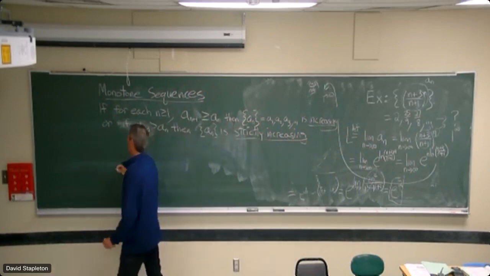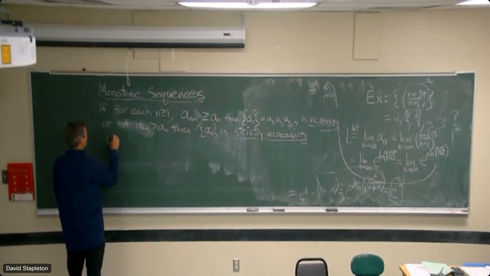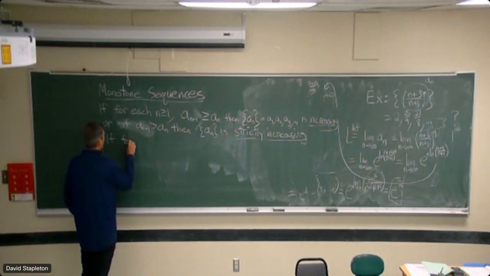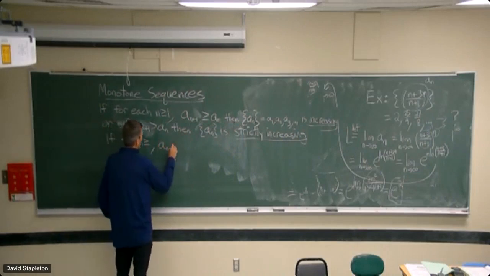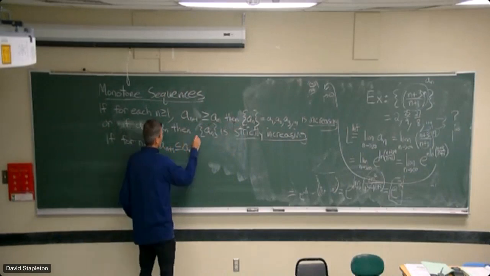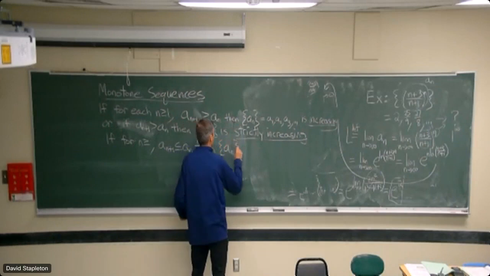Then similarly for decreasing. If for n greater than or equal to 1, a_{n+1} is less than or equal to a_n, then the sequence of numbers is decreasing.